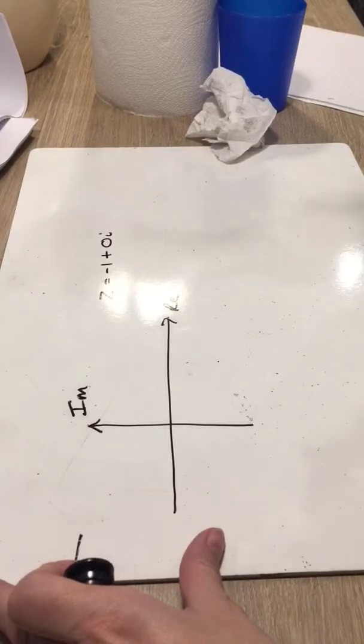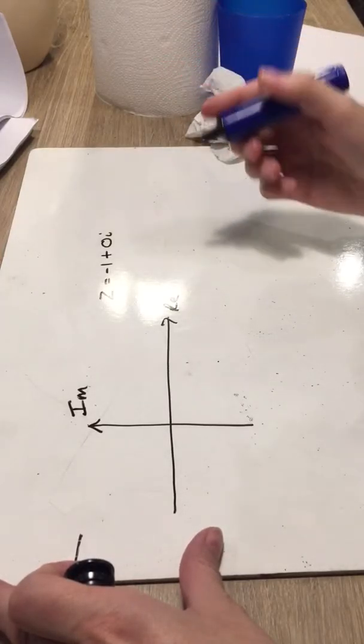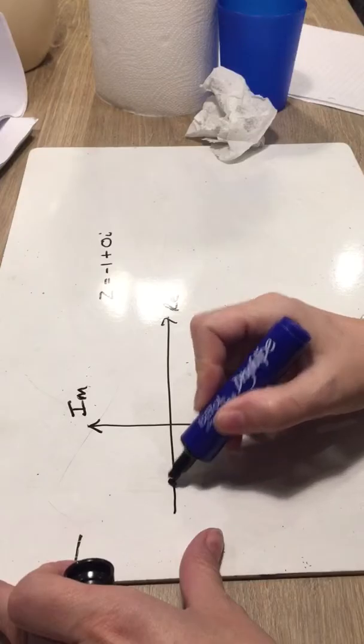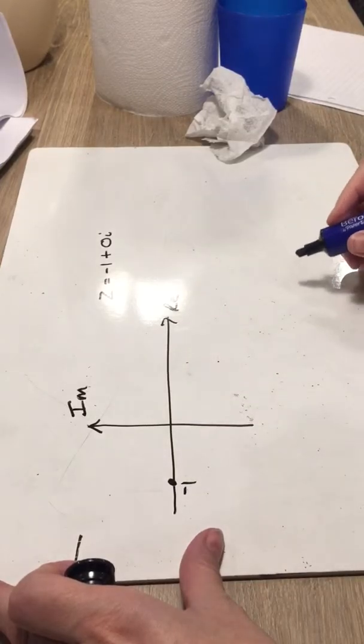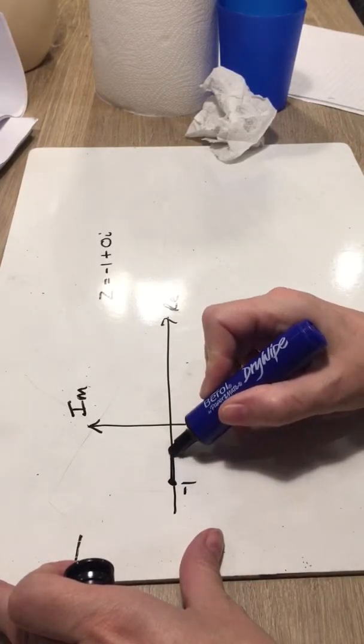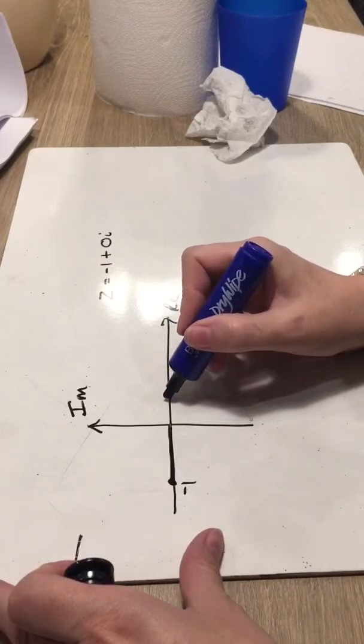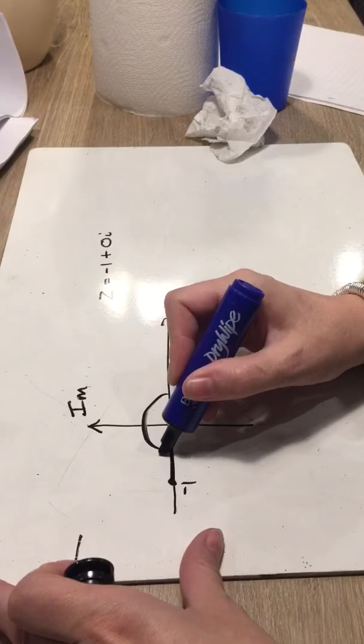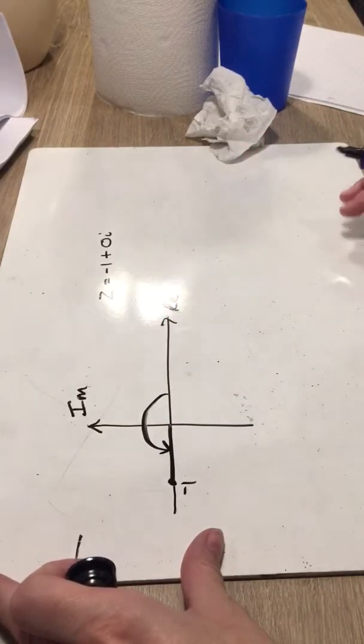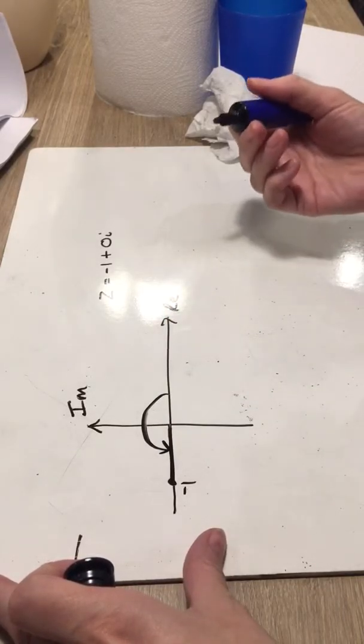There's no imaginary part to it. So -1 is just along here. So the modulus is that distance there, which is 1, and the argument is that angle there, which in this example is 180.